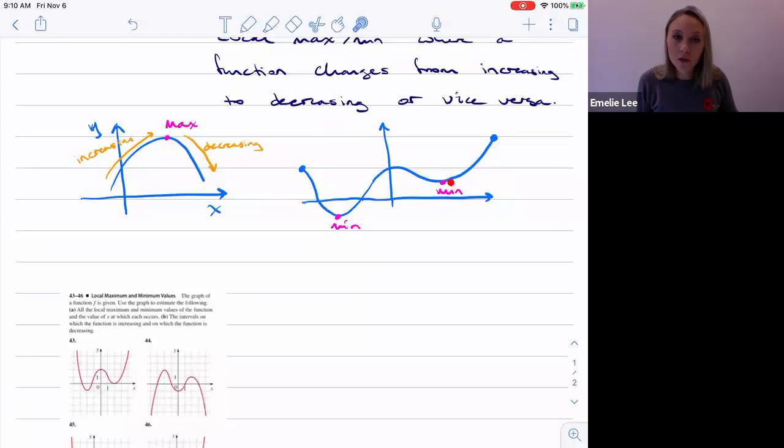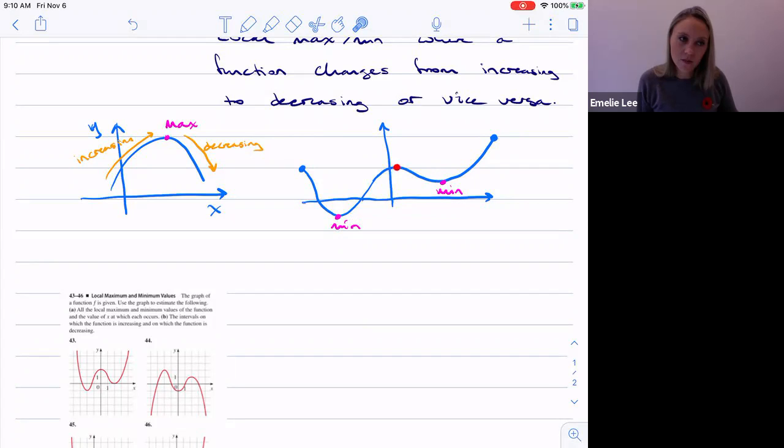This would be a local minimum. We've got 3 maximums, so 1, 2, 3. This is then the endpoint, and this is a global maximum because it's the highest possible point. Endpoints aren't allowed to be local minimums or maximums.